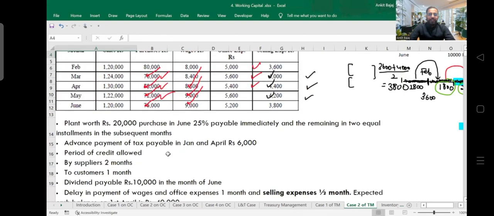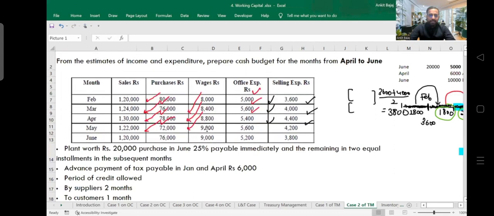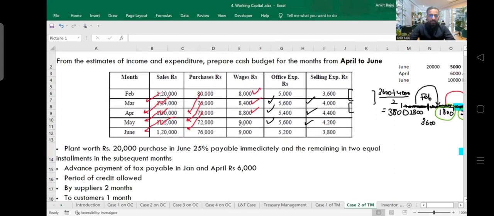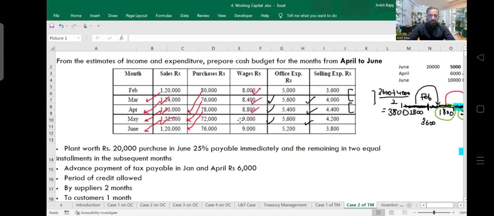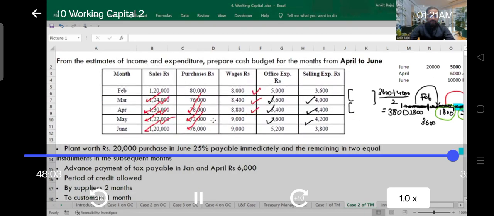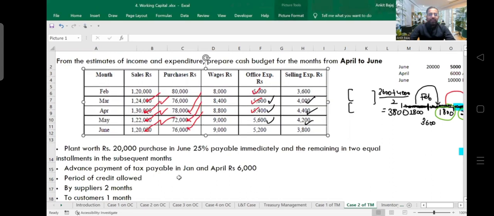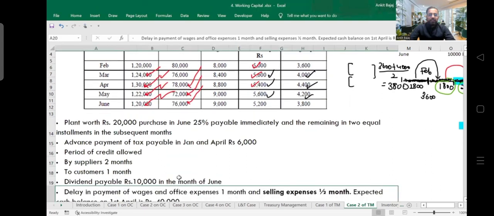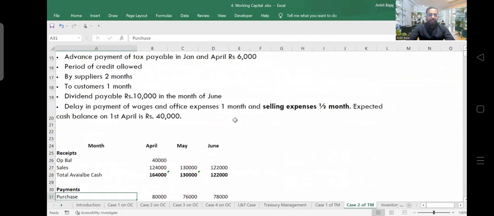After that, wages and office expenses. How much wages do you have to pay? 8,400, 8,800, 9,000, right? The graph has shifted a little, so I will adjust it back. You remember there was a 1 month delay, so which amounts come in April?